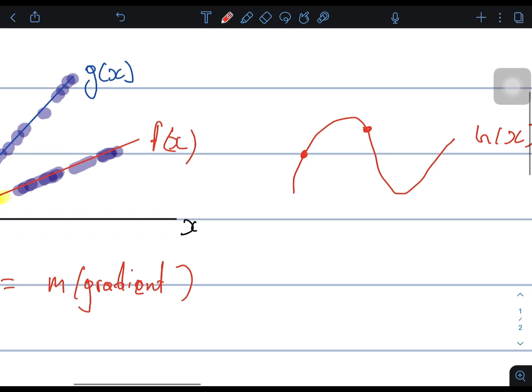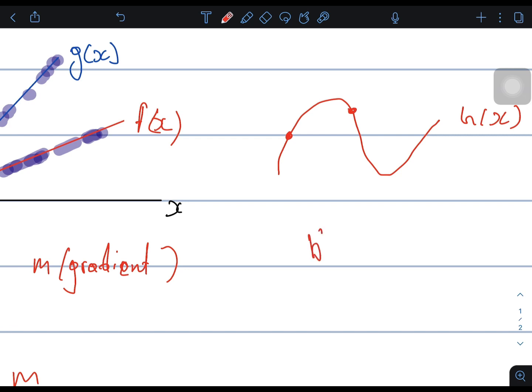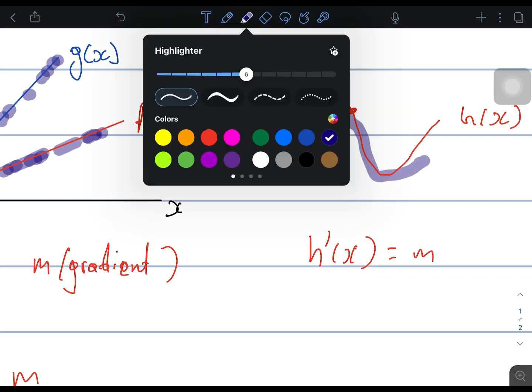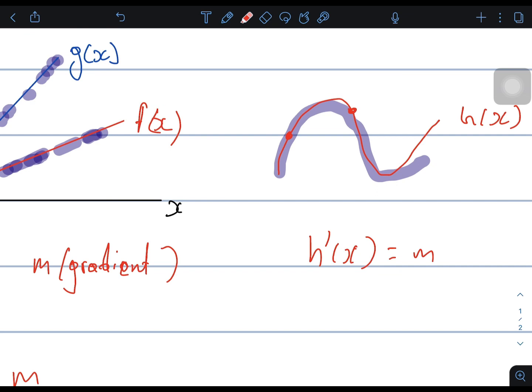But by finding the derivative of h of x, we can calculate the gradient at any point along this curve. Let's say at this point the gradient is 2, and at this point the gradient is 5.